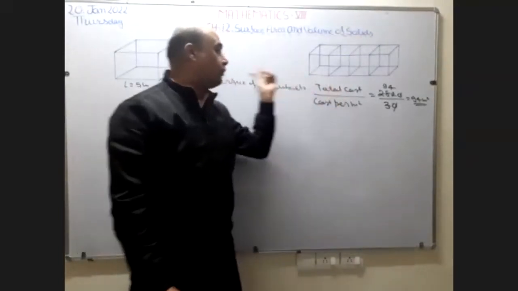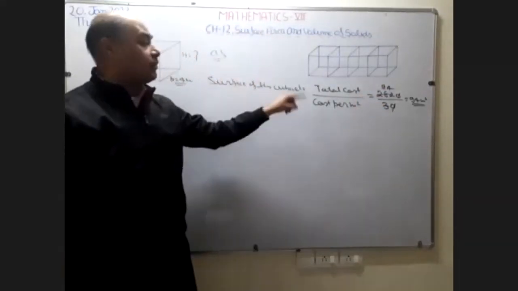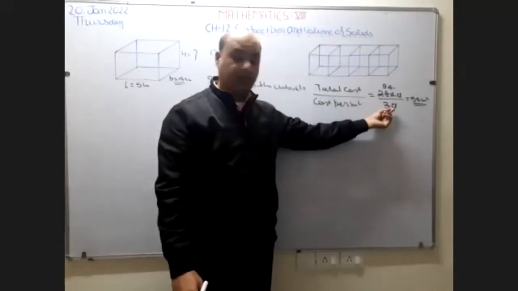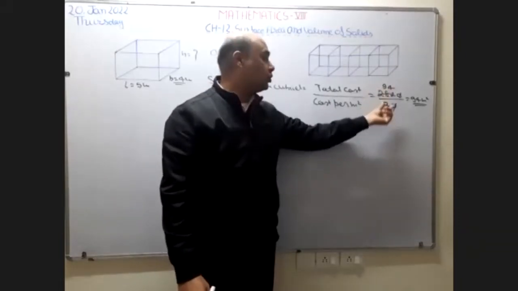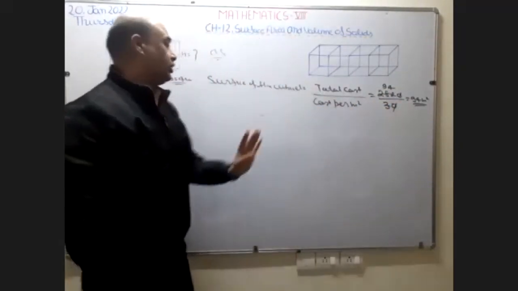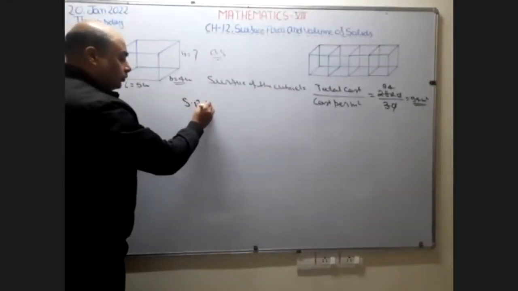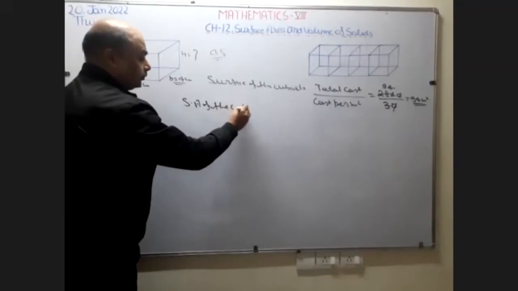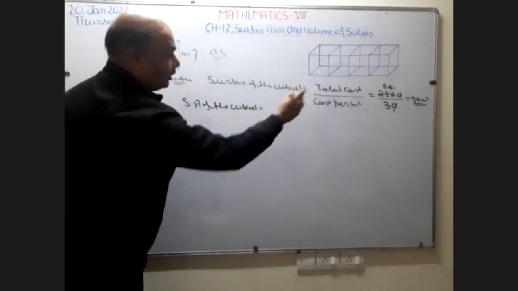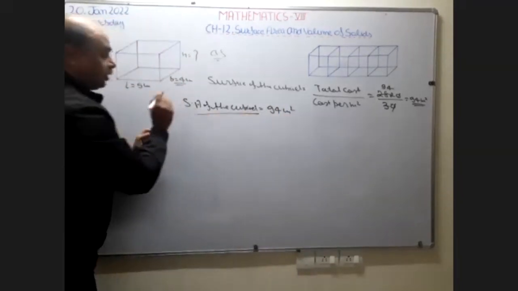Total cost of making the box is given, which is 2820, and the cost per meter square is also given, which is 30 rupees. When you divide total cost by the cost per meter square, that is the surface area of the cuboid. It means the surface area of the cuboid becomes 94 meter square.